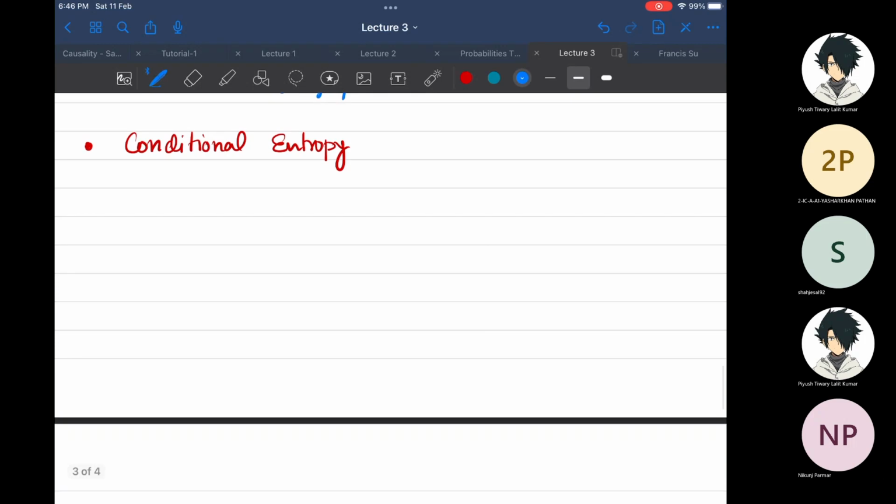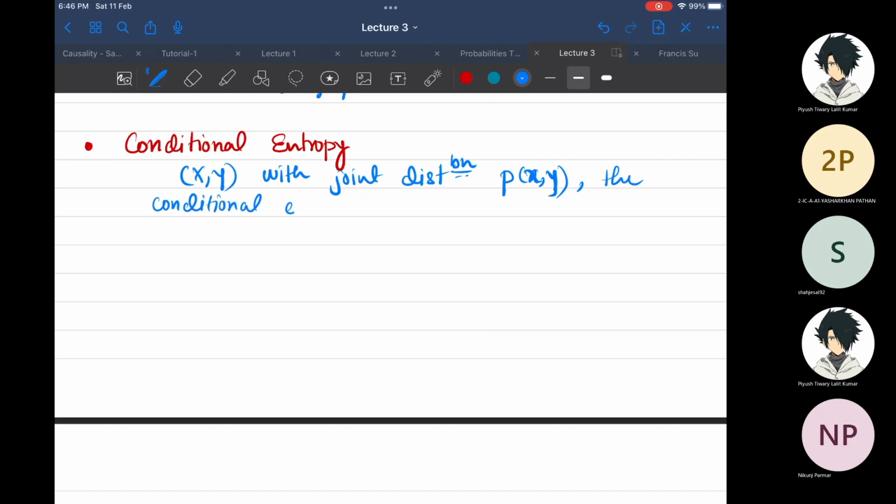Again, let's say x comma y are a pair of random variables with joint distribution p of x comma y. The conditional entropy is defined as follows.